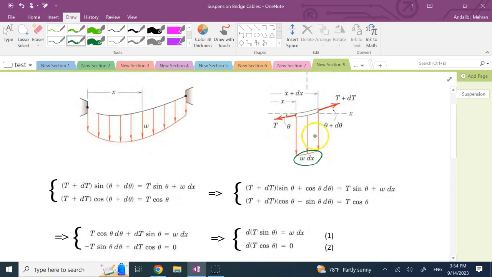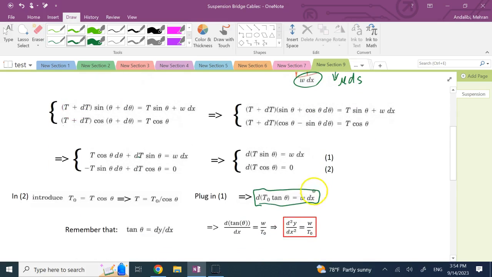Now here, there is no w, but this length, if you consider it ds and mu is weight per length, then this force w dx is to be replaced by mu times ds. So here, this is going to be what? Like this. And if you divide by t naught, which you considered constant, you will get d of tangent of theta is equal to mu ds over t naught.